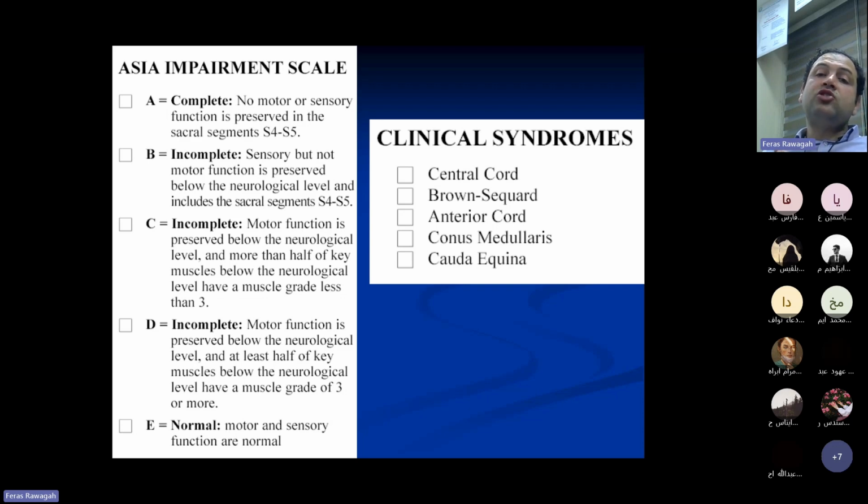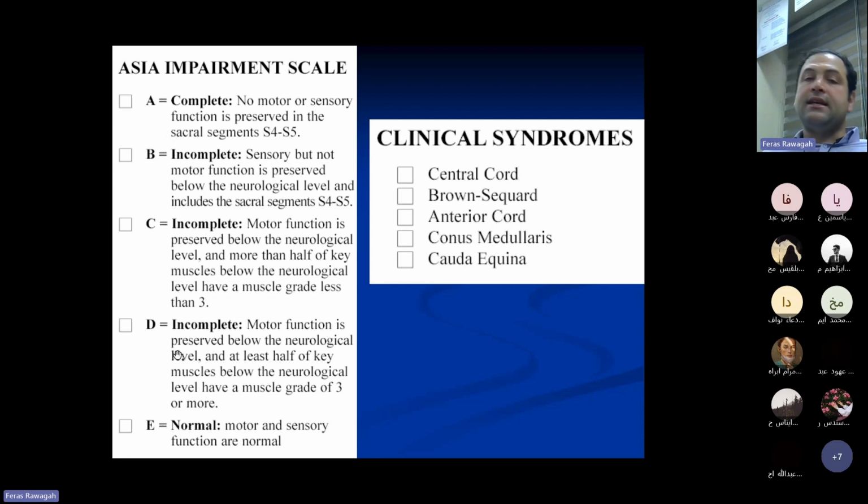We examine just what is below the level of injury in order to have this classification. For example, if the patient has a thoracic injury, you examine the lower limbs, not the upper limbs. This is an example. You should just examine what is below the level of injury. So A is complete. B, you have complete motor loss, but there is some sensation.